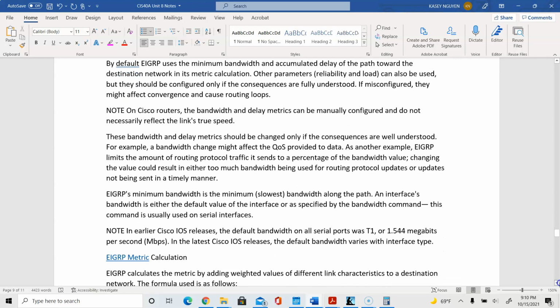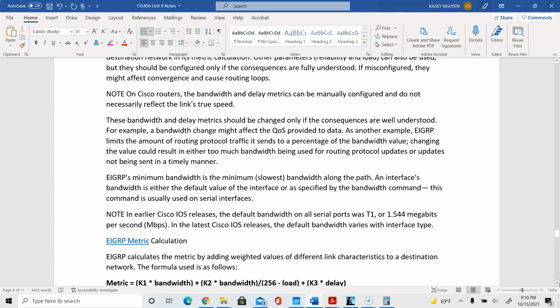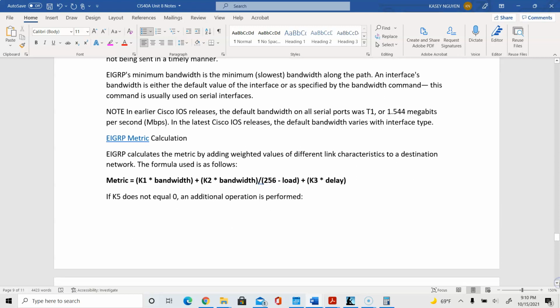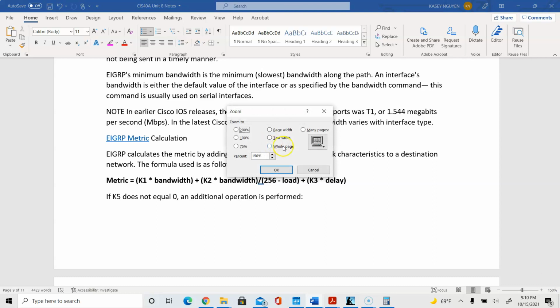Because it is using minimum bandwidth, it's going to be the slowest compared to some other protocol. So this is how you will be able to calculate the weight value for EIGRP. You can also click on the link. There are calculators for those types of systems as well.